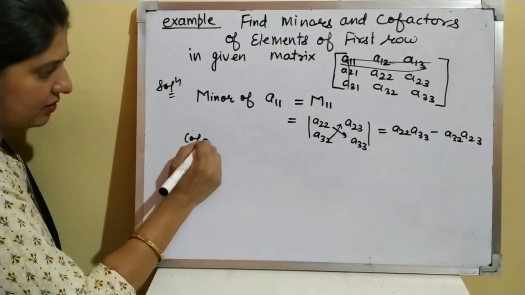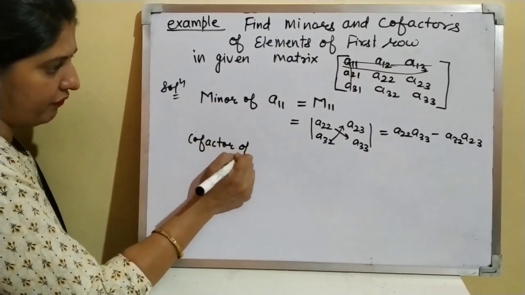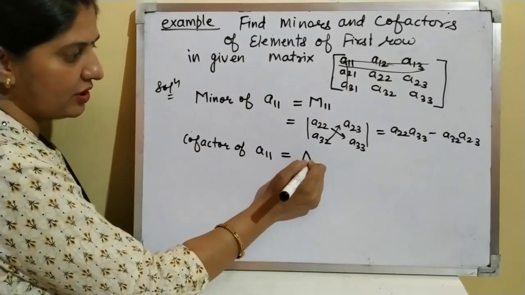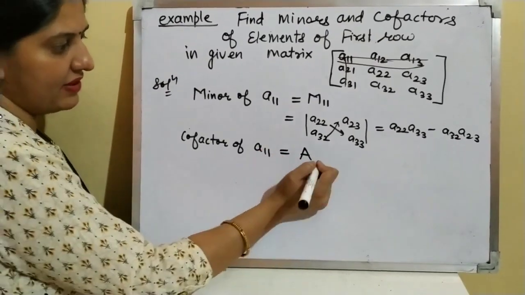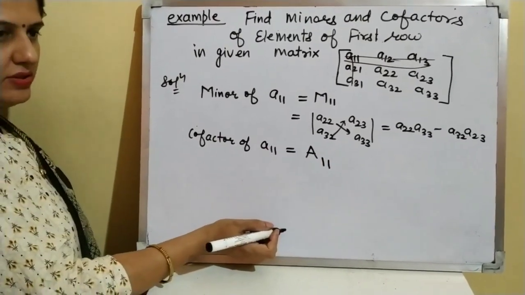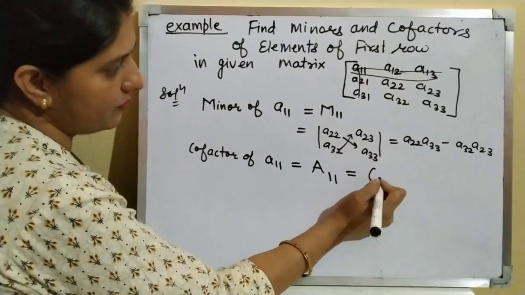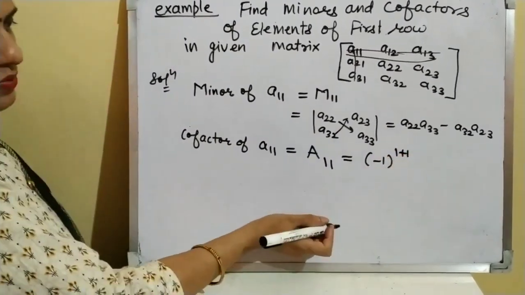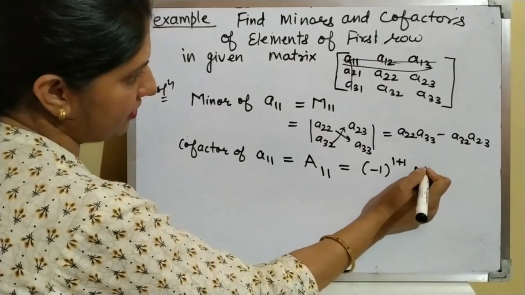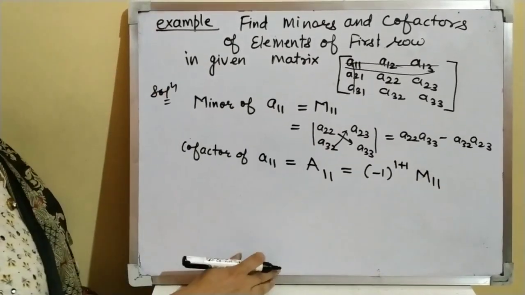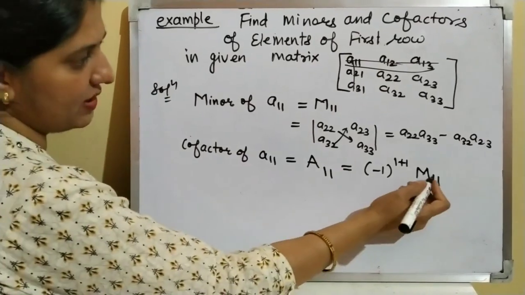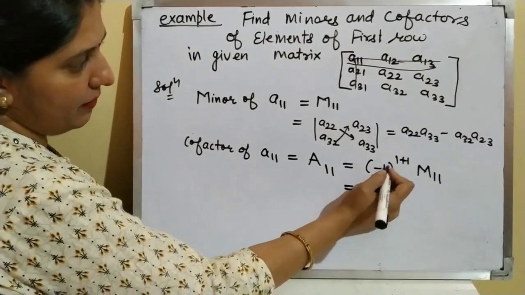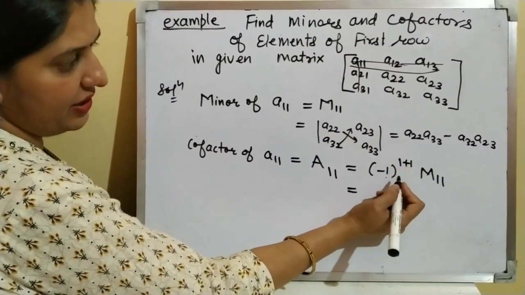Now we have to find the cofactor of A11. Cofactor is denoted by capital A, having the same suffix as the element. It is equal to minus 1 to the power sum of the suffix 1 plus 1 multiplied with the minor of the corresponding element, which is M11. So we can write minus 1 to the power 1 plus 1, 2, even power.